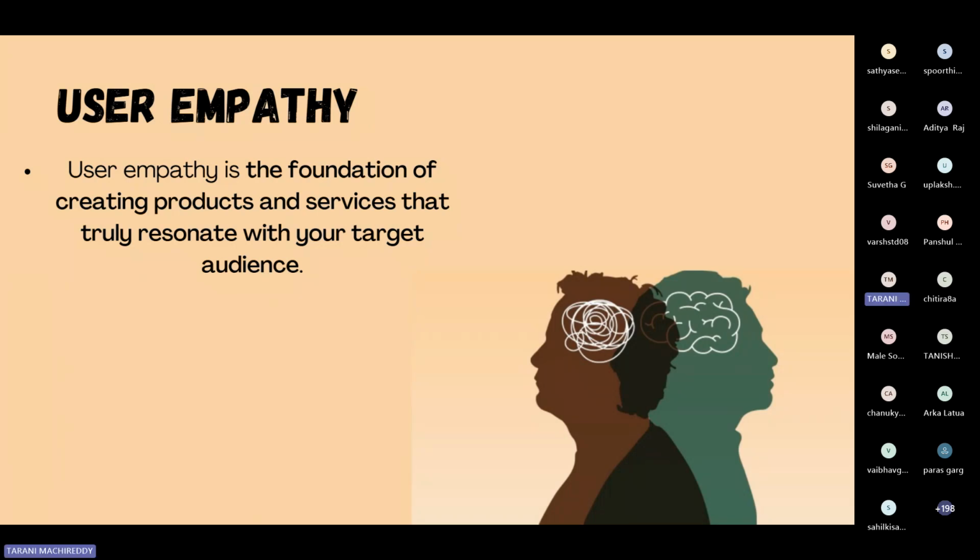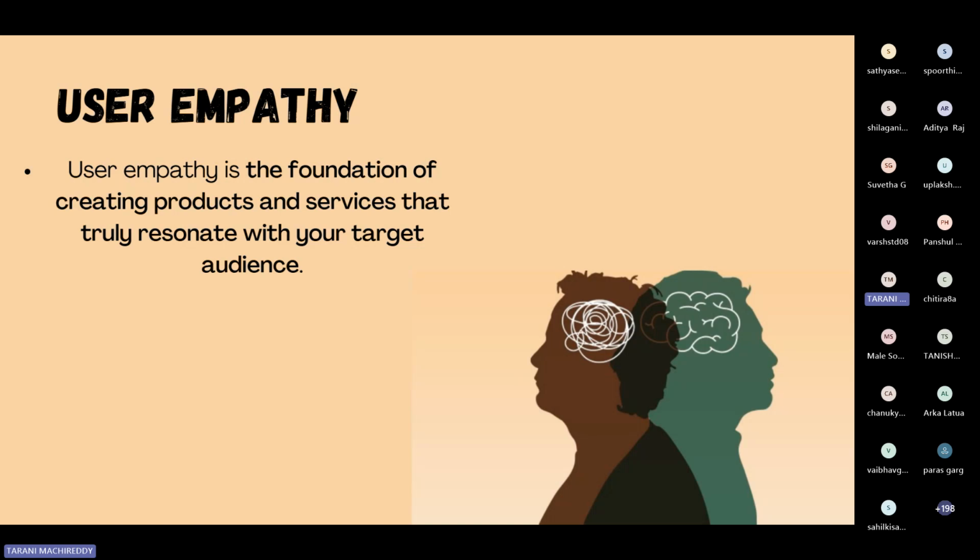Okay. So by now you should be able to understand what user empathy is. Empathy in the context of user experience design has many definitions.